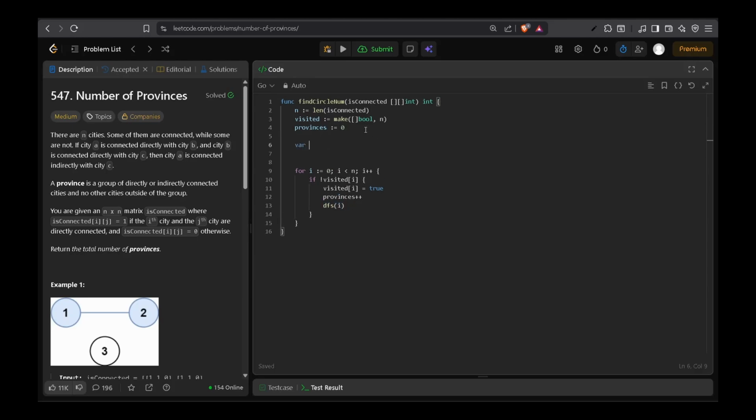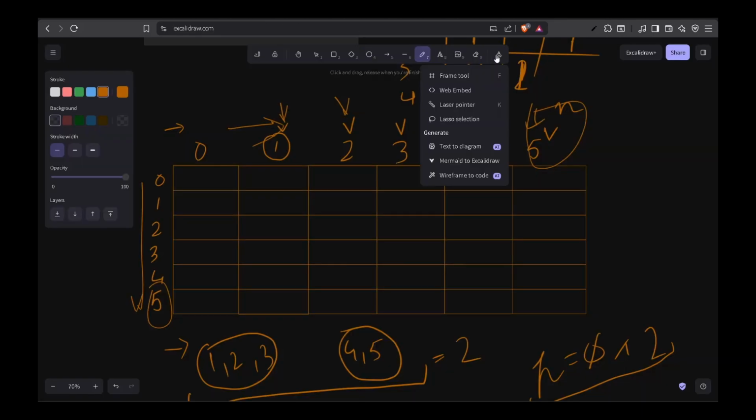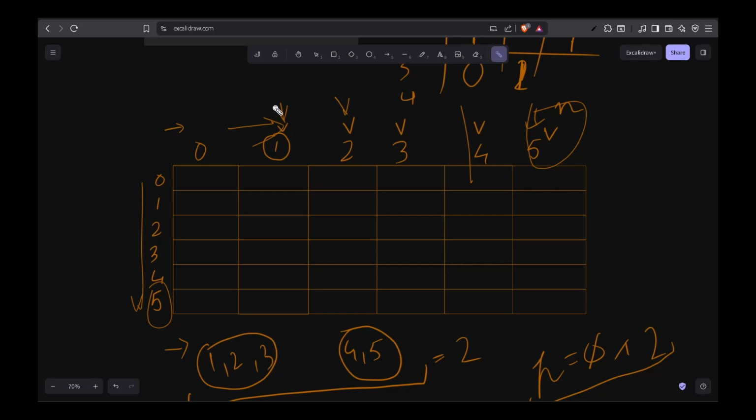Next we have to write the DFS function, right? So var DFS will be a func, and it will take an int. It will return nothing. Now DFS equal to function, it will take the city. Now what do we need to do? Whenever we hit a new not visited city, we moved to its connected cities, right?